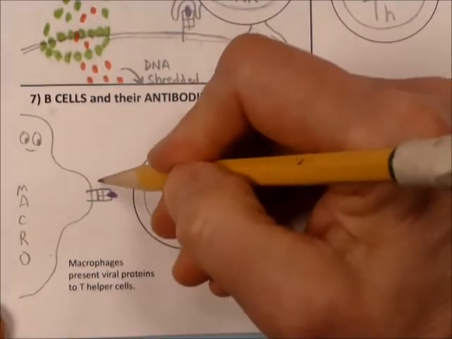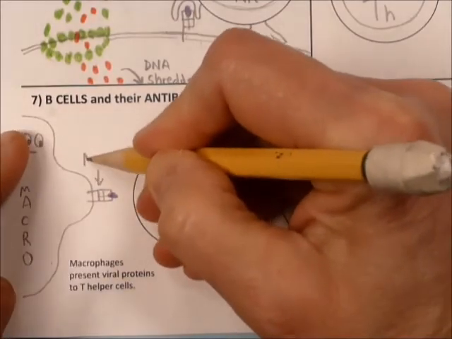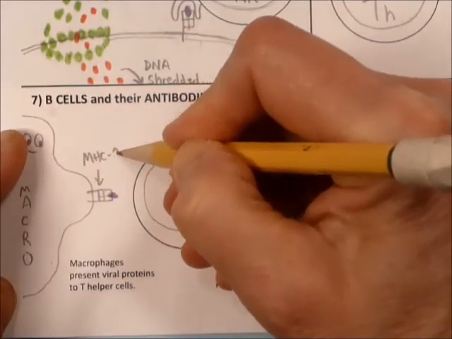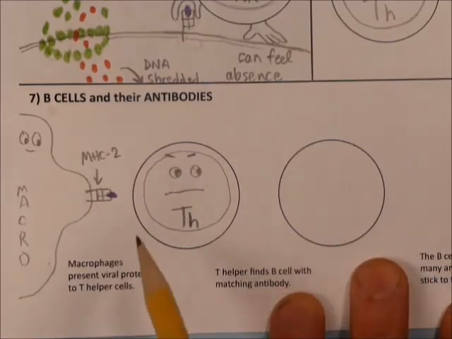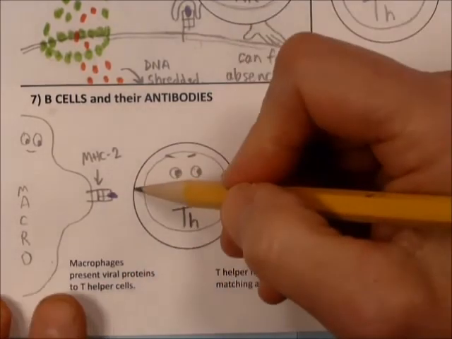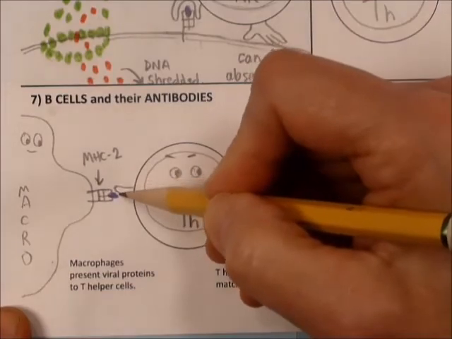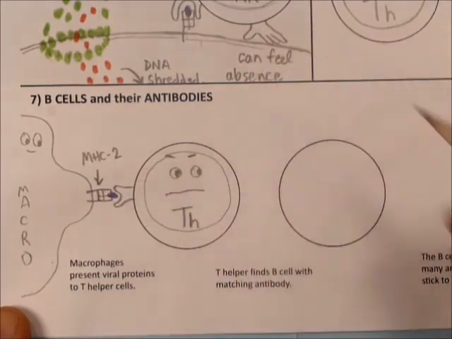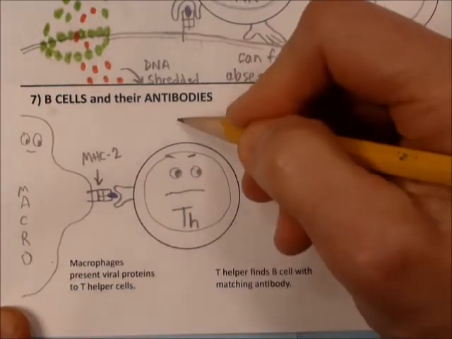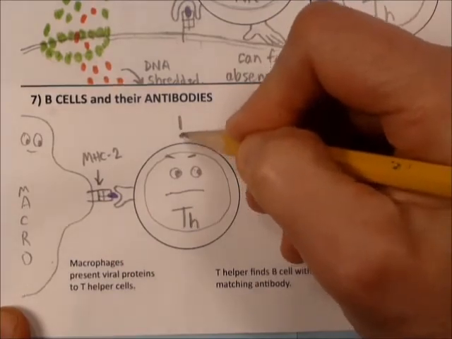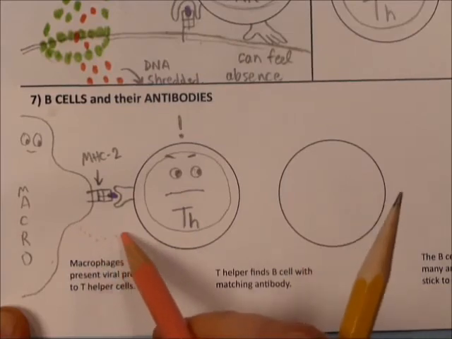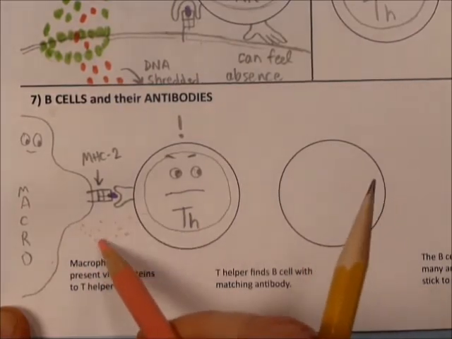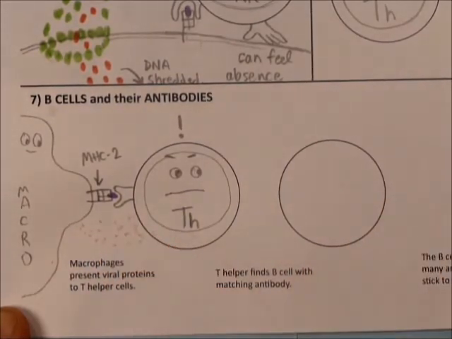So let's label this MHC2. It shows this to the T cell, who has a little receptor to feel it. Exclamation point. Instructions. And then there will be some cytokine instructions to go over to help it know what to do.